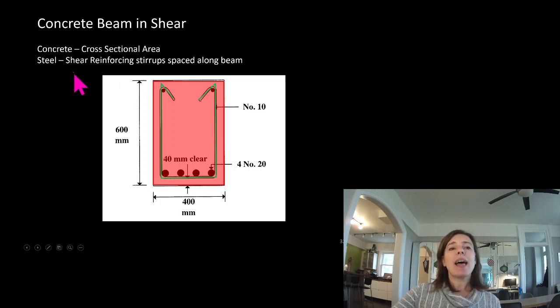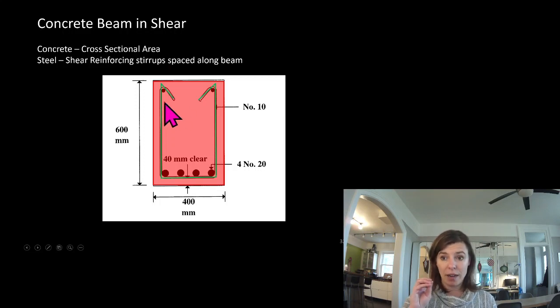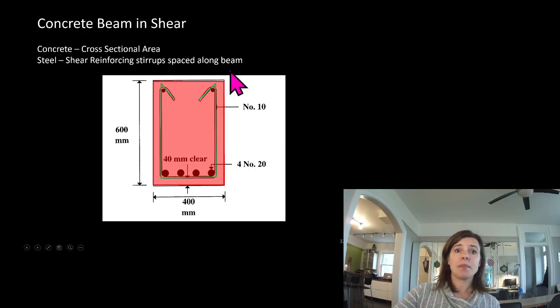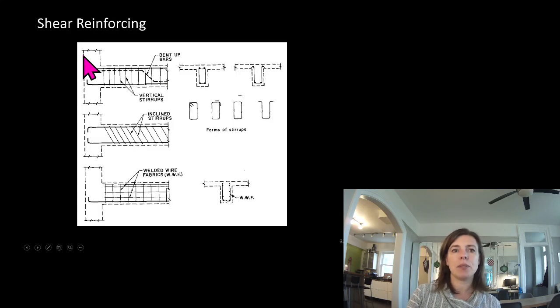But if that's not enough, we'll add in the stirrups. We often have the stirrups even if we don't design them, just because it helps for crack control as well. But that might then make the equation more complex and actually bring them into our calculation.